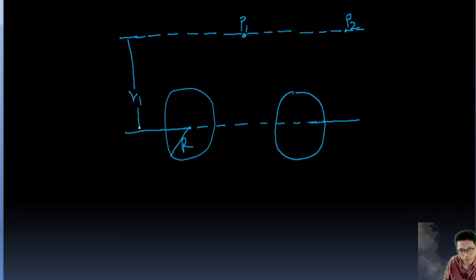This is R1. So this is the transverse distance of P1 and P2 from the line joining the centers of the capacitor.